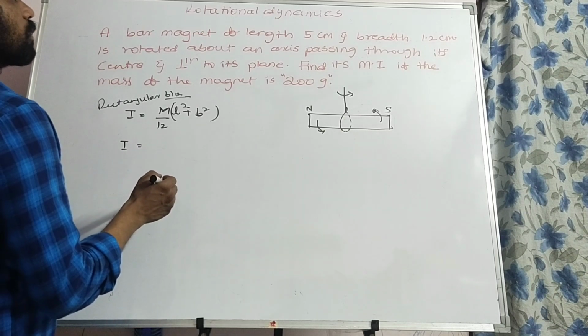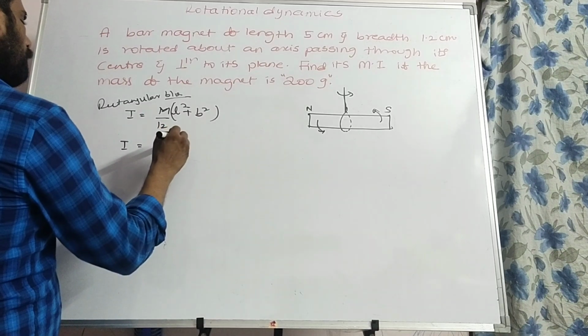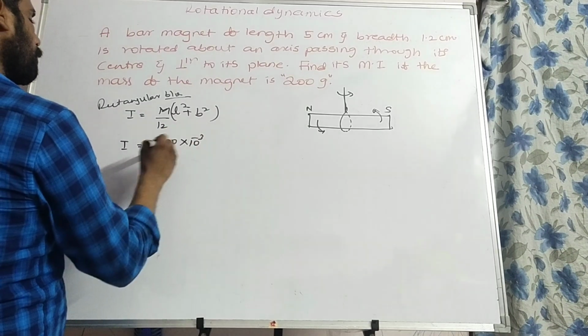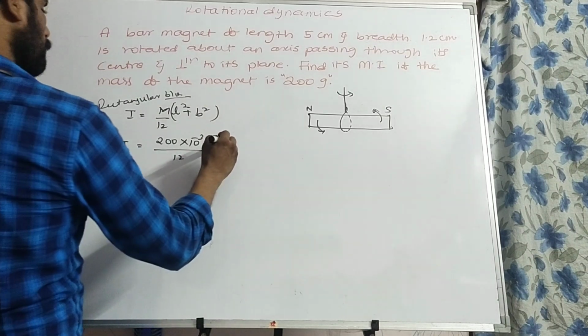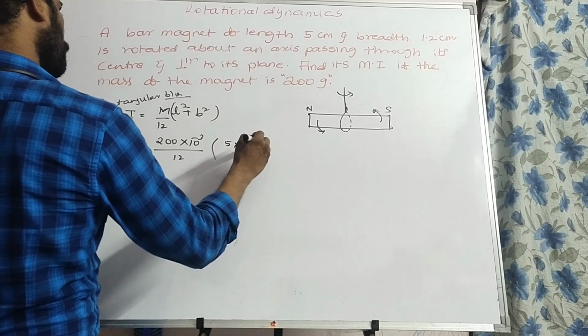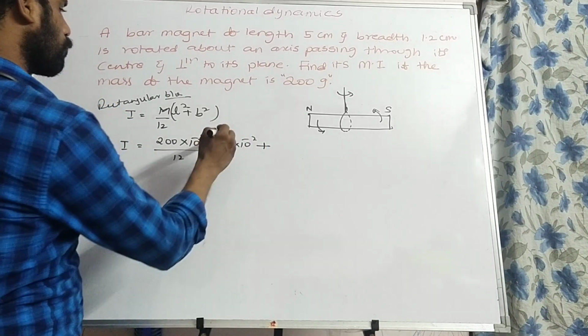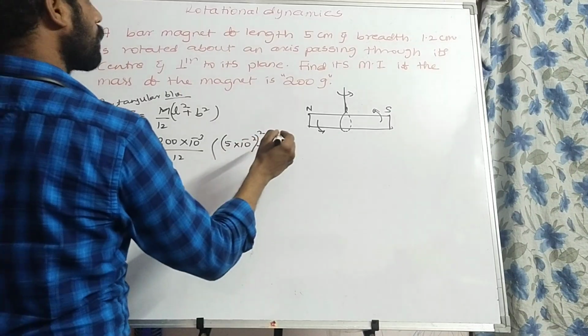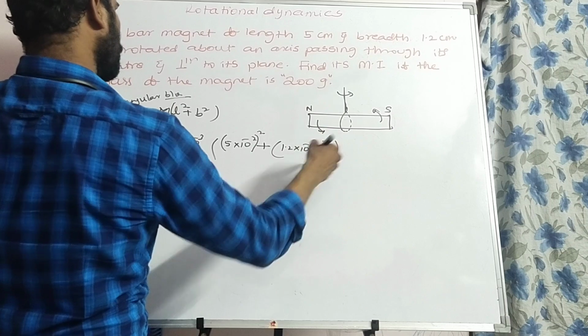Mass is given as 200 grams, that is 200 into 10 to the power minus 3 kg, by 12 into length 5 centimeters given, that is 5 into 10 power minus 2 square, plus breadth square, the breadth 1.2 into 10 to the power of minus 2 square.